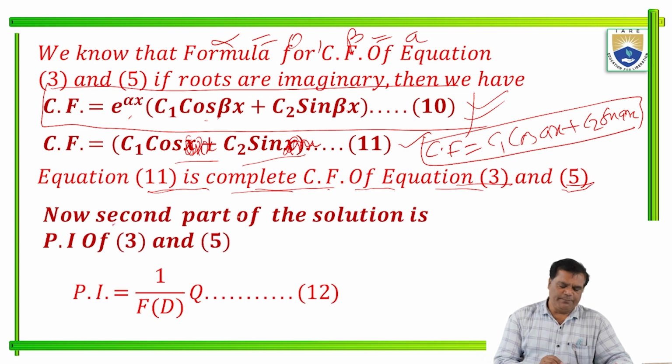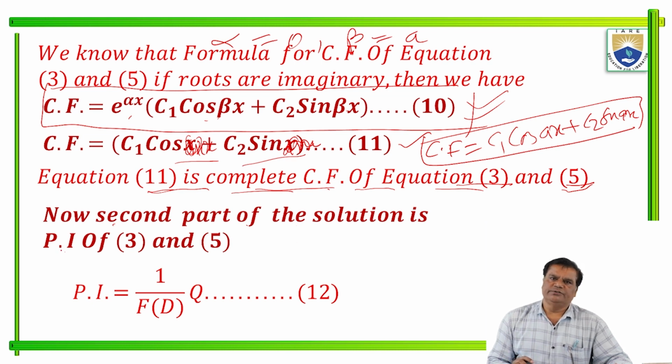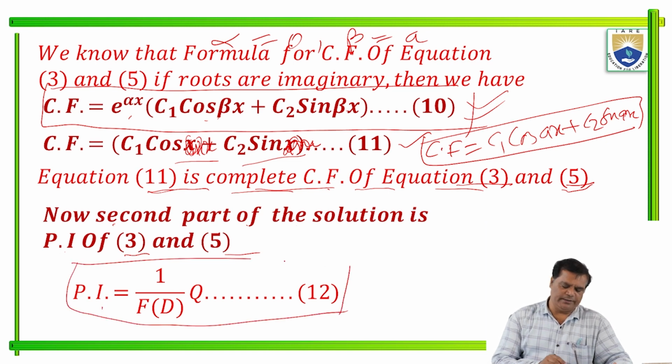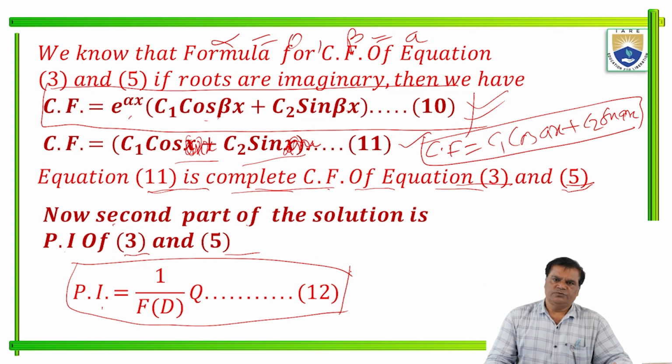Now the second part of the solution is the PI of the given equations 1 and 2, that is 3 and 5. We are taking them in D form. So PI is equal to, we apply this formula, the particular integral. Every step we use this formula for finding the particular integral.